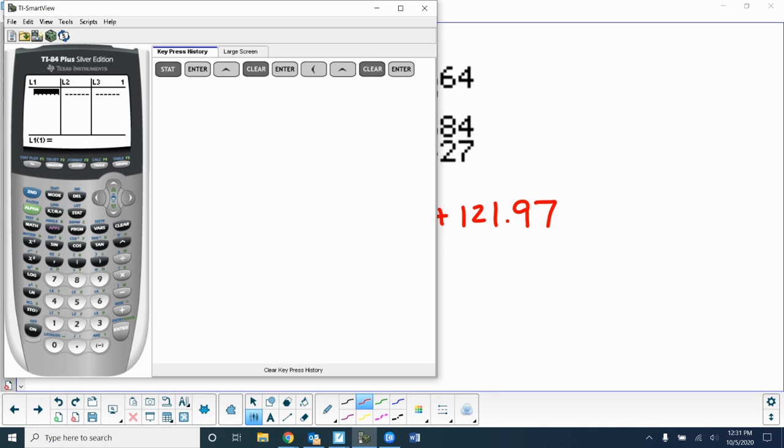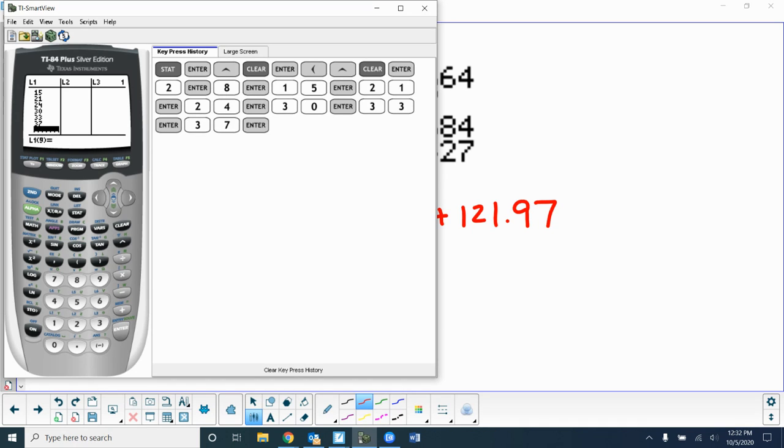All right, so I'll put them in real quick. Okay, find the equation of the line and the correlation coefficient. And then I'll do it and see if we match that.